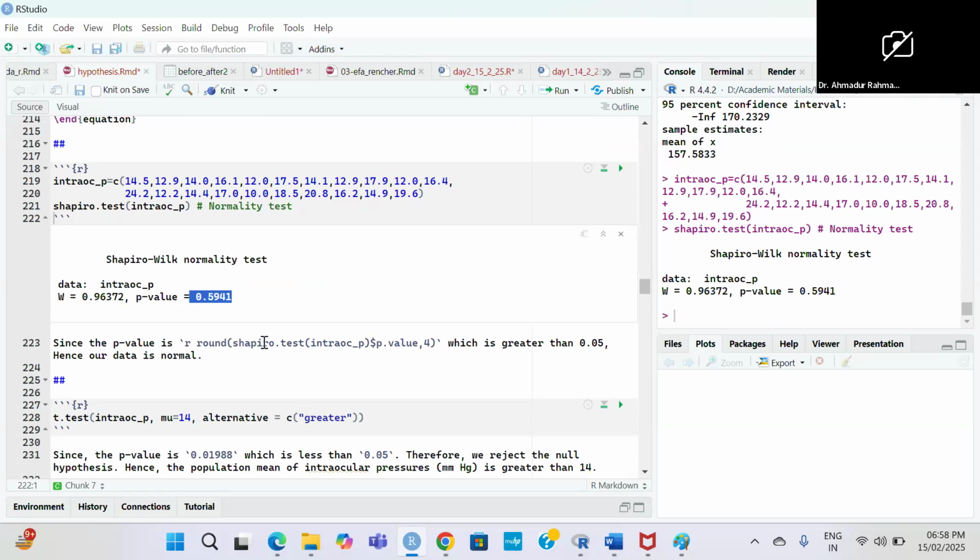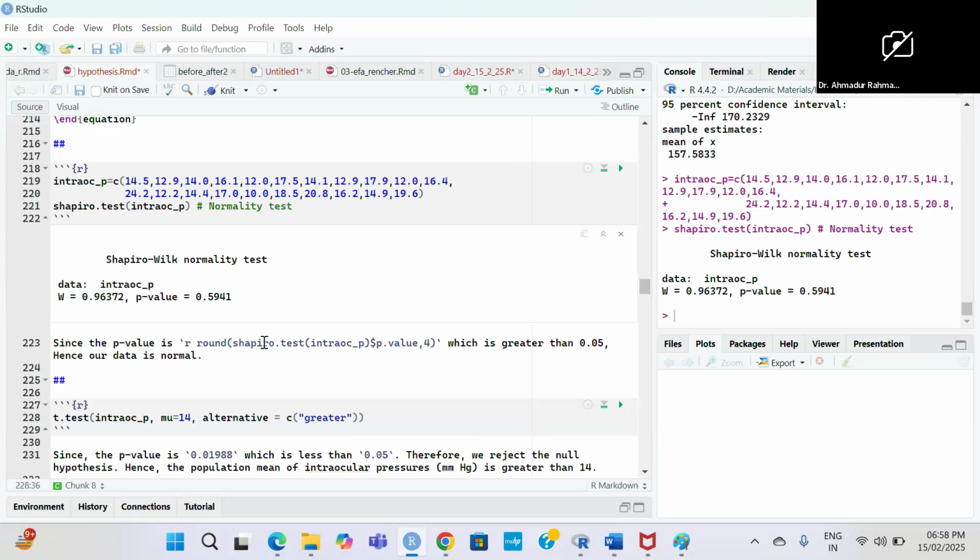When this value is greater than 0.05, that means our test is not significant. When our test is not significant, we fail to reject the null hypothesis. The null hypothesis says that the data is normal. So here we conclude that our data is normal from this Shapiro test.